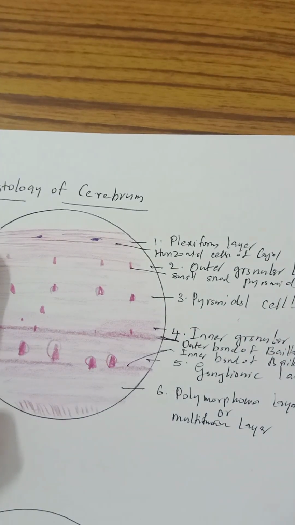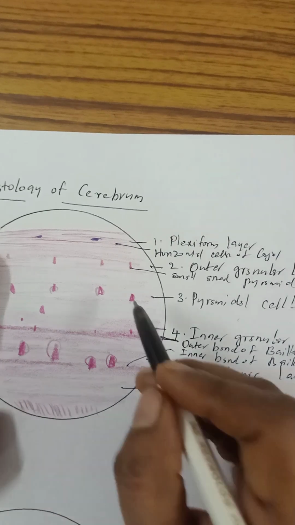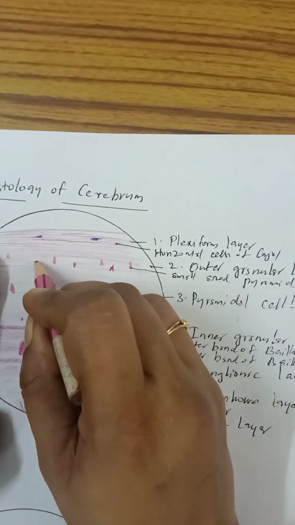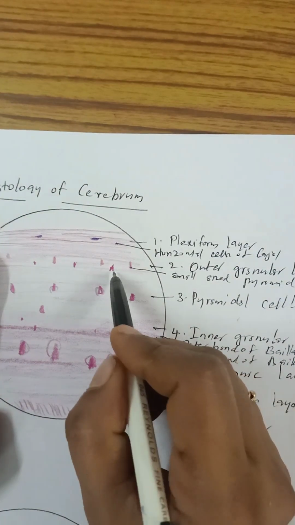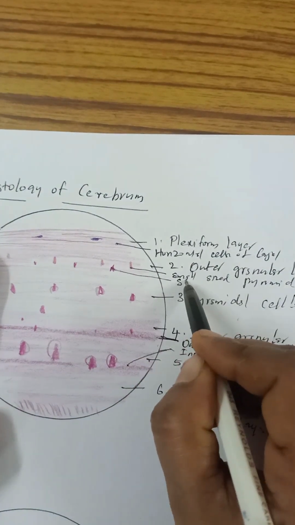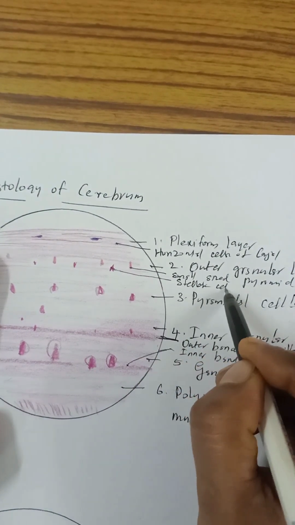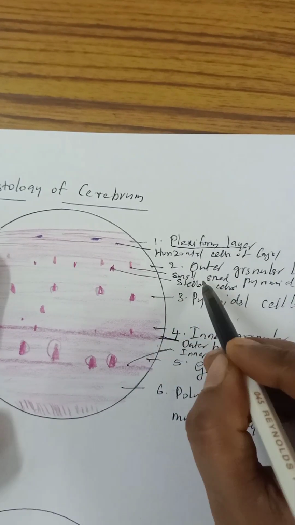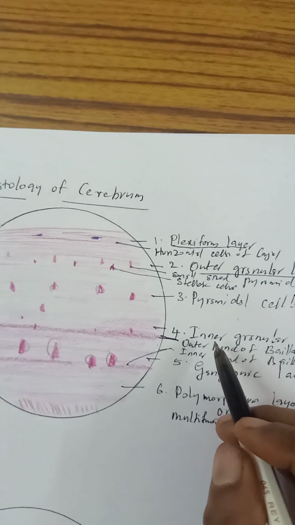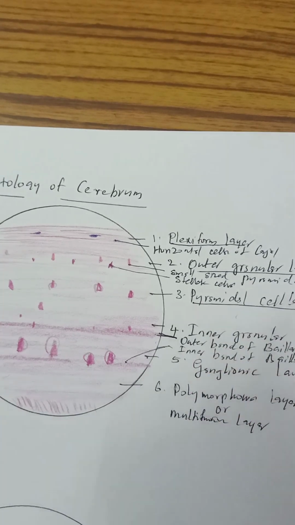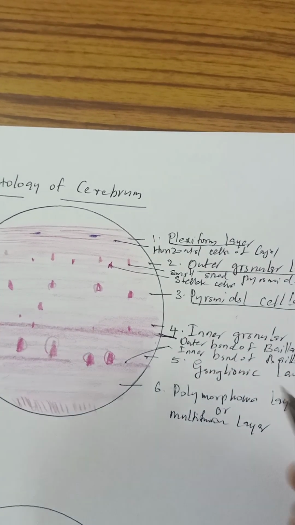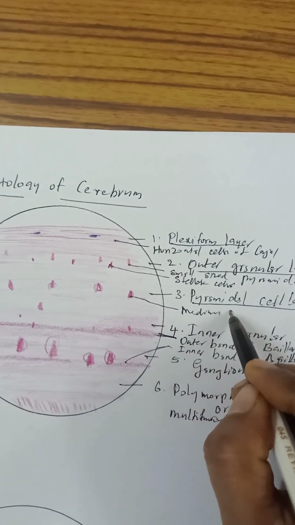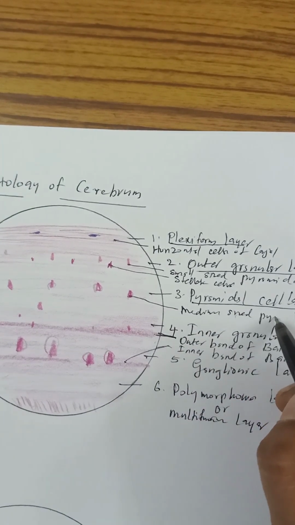Along with that, in that second layer we will get few stellate cells also. So in each layer, see, outer plexiform layer, outer granular layer. Then next third layer is the pyramidal cell layer. In the pyramidal cell layer we have only the medium sized pyramidal cells.